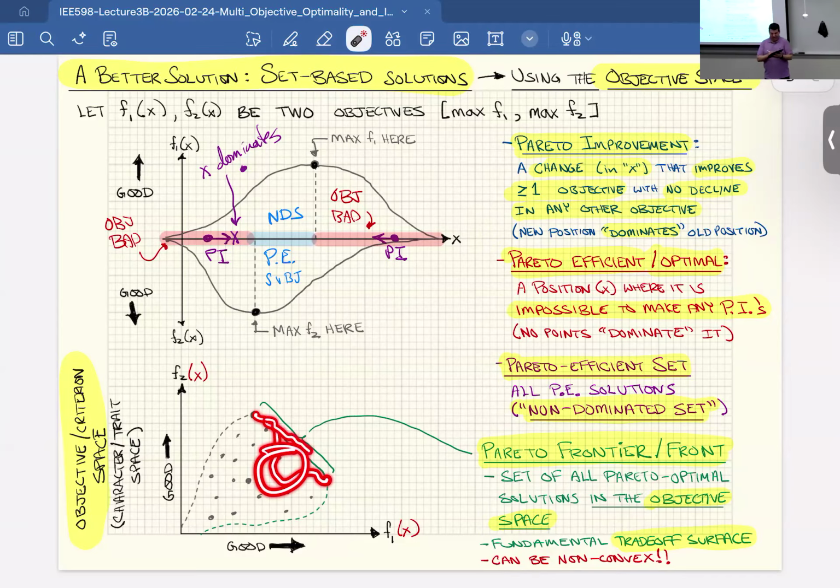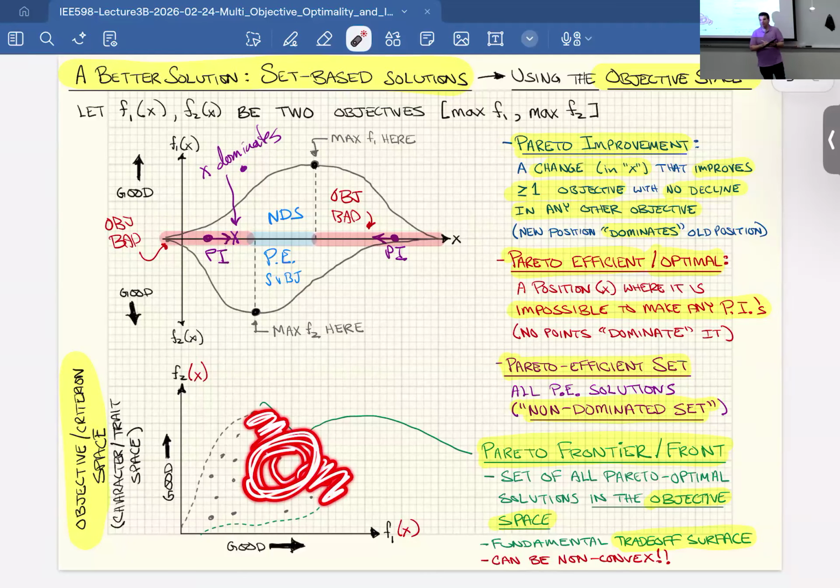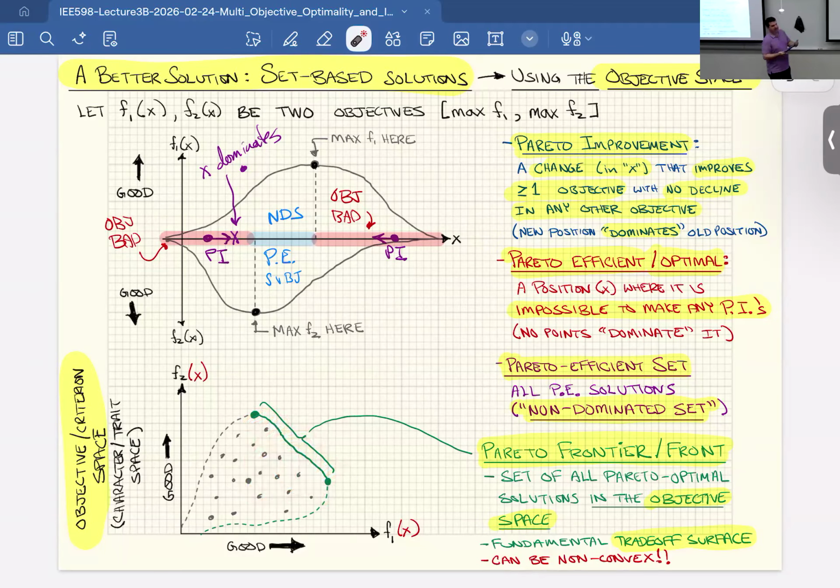So they end up shading out these parts. So they only find the stuff up here, they only find the stuff out here, they don't find this. And I'll show you why, again, in a graphical approach in a couple of slides that we'll probably do next time. Questions about this? Pareto frontier, Pareto front, that's just this line here. Pareto-efficient set.